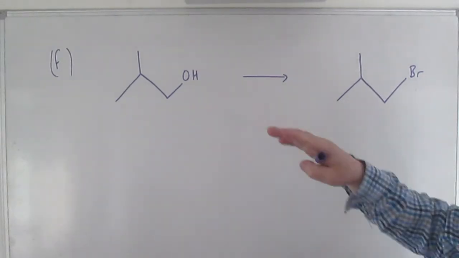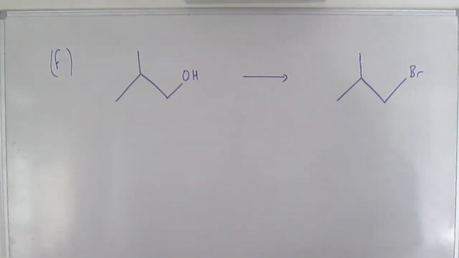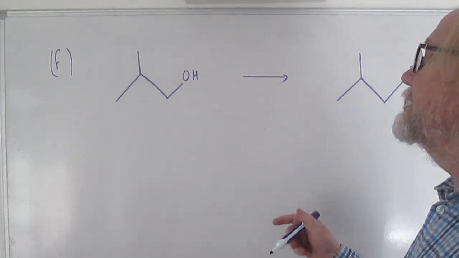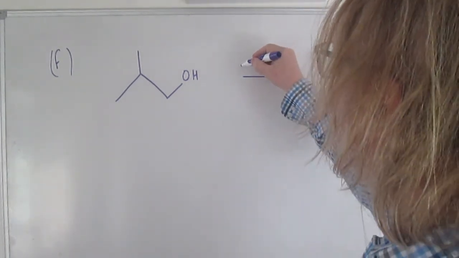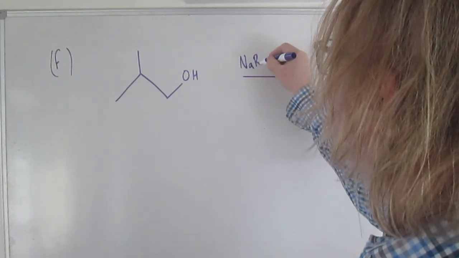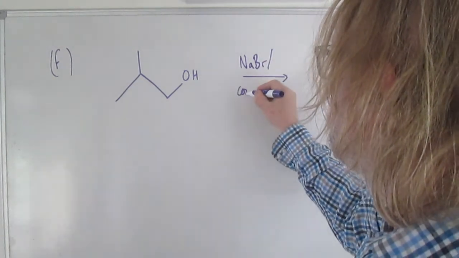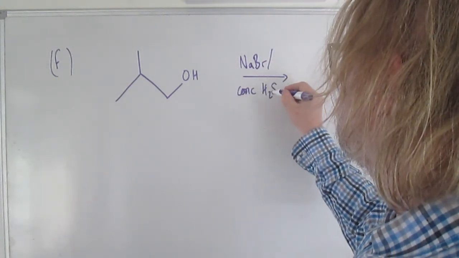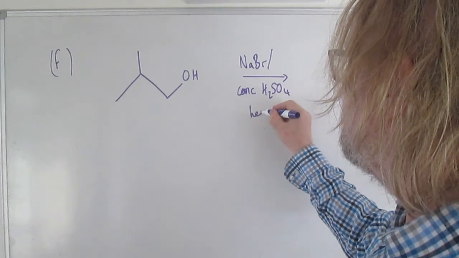In part F, we have to turn 2-methylpropan-1-ol into this bromoalkane. So the standard way of doing that is to use a mixture of sodium bromide and conc. sulfuric acid and a bit of heat.